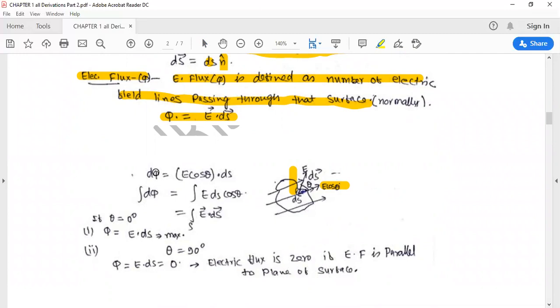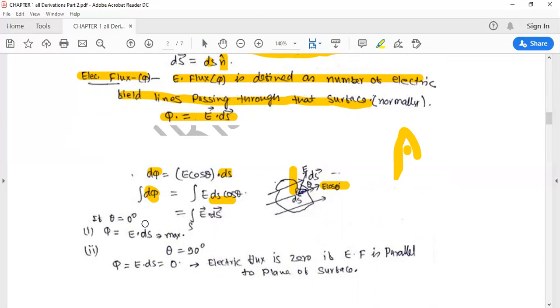So this is for a small flux through small area delta s. Now the flux is given by d phi equal to integration of E ds cos theta. Since this is a vector product, we can represent this as E dot ds, because a dot b equal to ab cos theta.